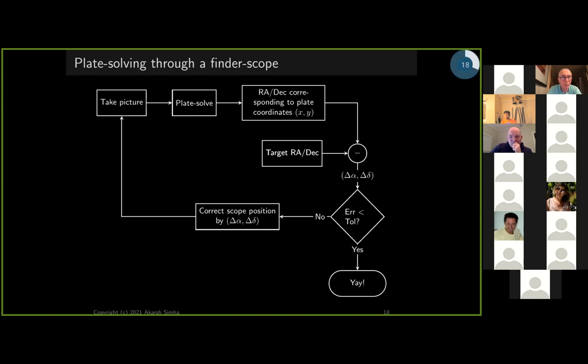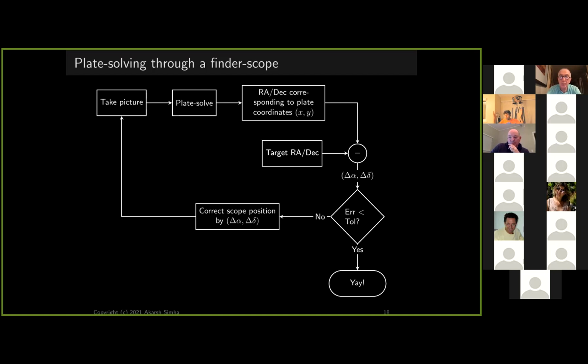Okay, so how does plate solving work if you're trying to position a visual telescope by plate solving through the finderscope? By the way, just to give you context, my finderscope is 270 millimeters in focal length. And with my ZWO ASI 290 MC camera, which is overkill for this purpose, but this is the camera I had, I get a field of view of about 1.5 degrees.